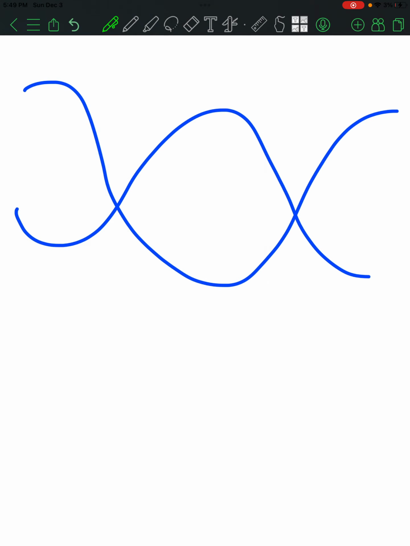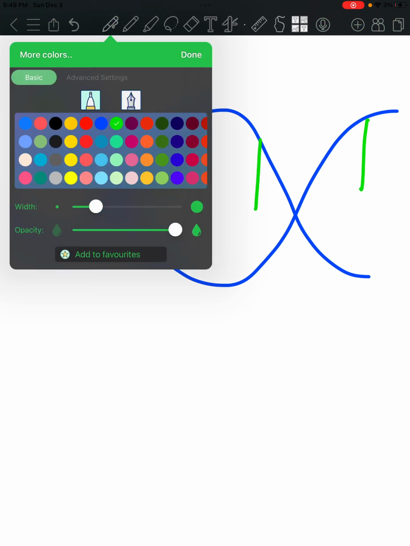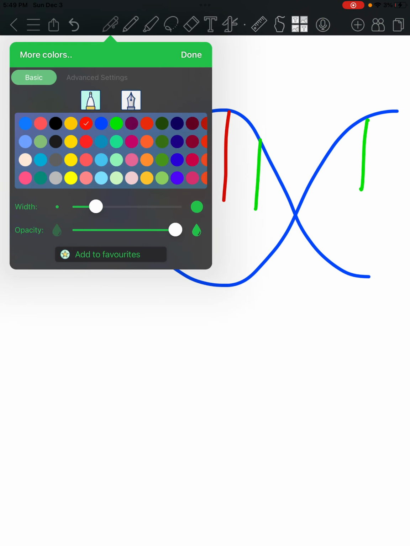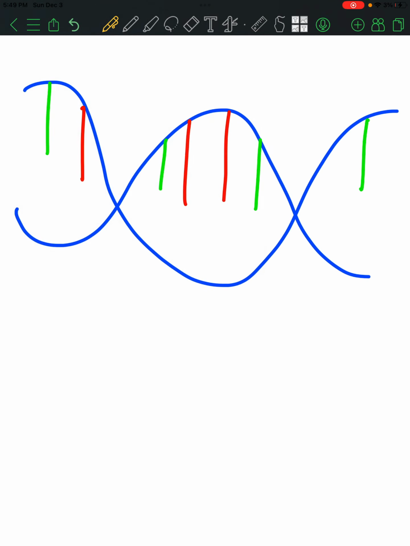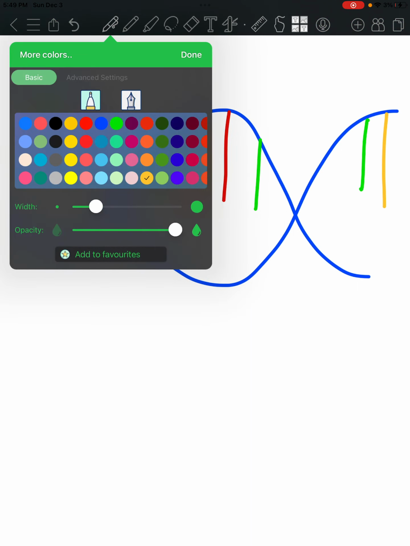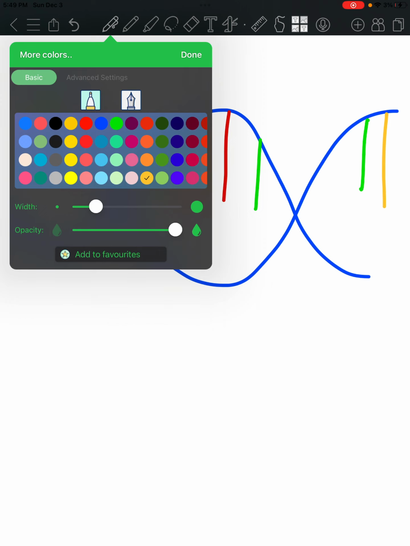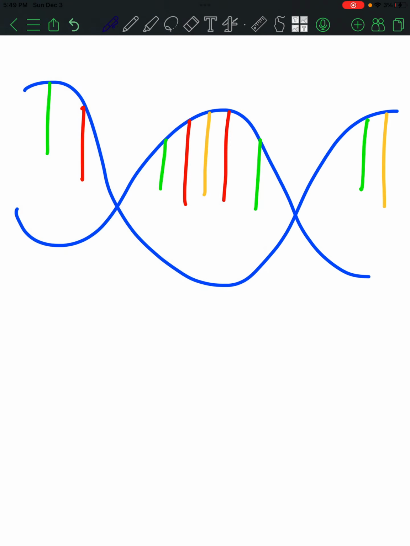I'm going to actually work super hard on this strand because this is going to be very important. Okay, now I'm going to make the corresponding for each of them.